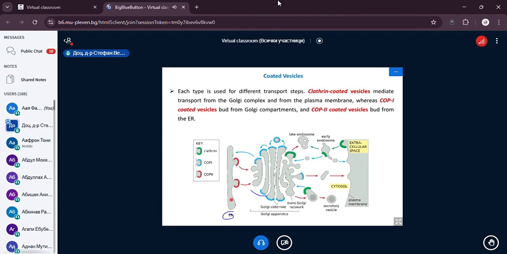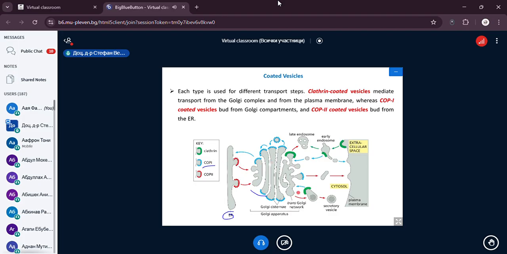Then the retrograde transport from Golgi network to the endoplasmic reticulum is via coatomer type 1 coated vesicles. Bidirectional transportation between cisternae, anterograde and retrograde, of Golgi complex dictyosome happens again with coatomer type 1 coated vesicles.